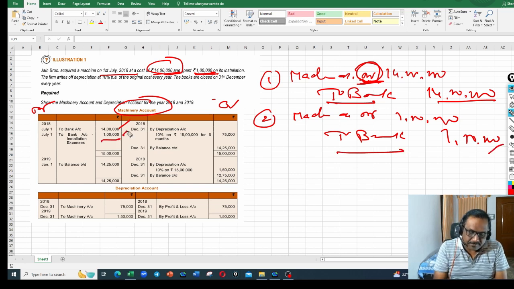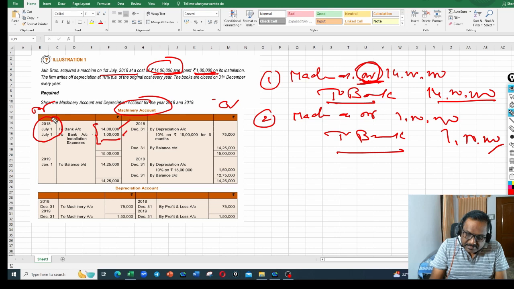One entry is for purchasing the asset, the other for installation of the machine. These two we posted on 1st July 2018. Please remember this date.